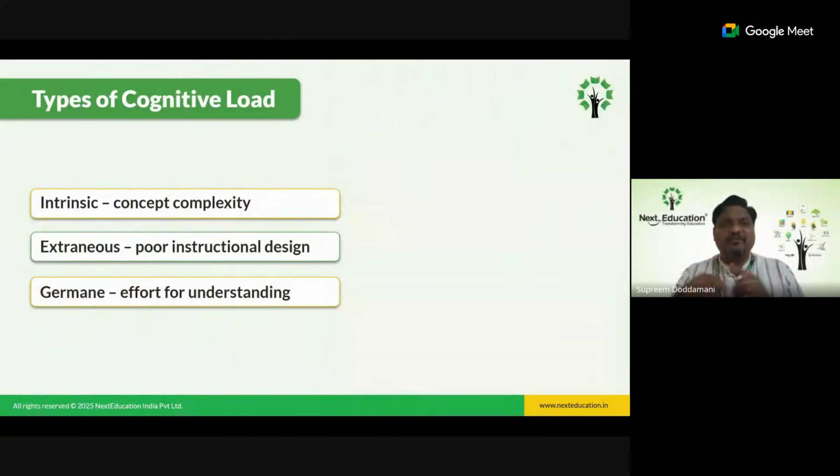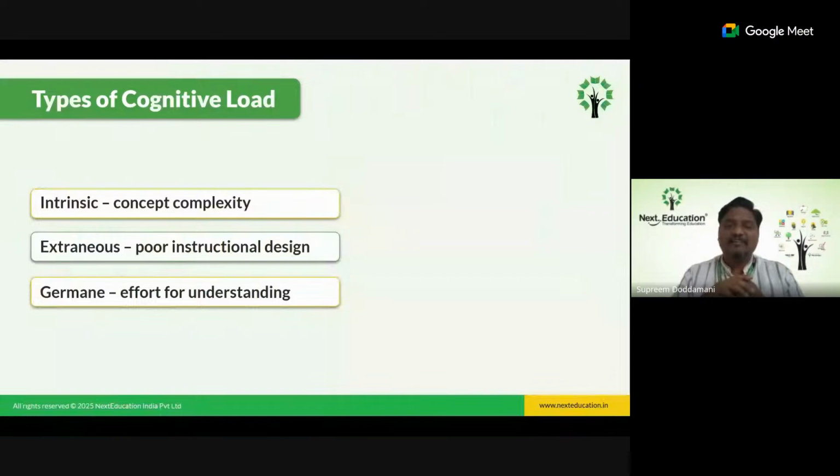So even this type of presentation leads to cognitive load. What we are supposed to do is keep the diagram and the labels with a short explanation in one page, so that the students can easily understand what exactly is going on.